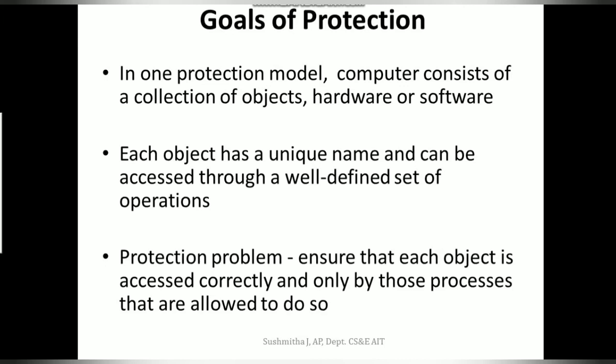To give you a simple example, my conducting a class on a particular platform is a mechanism. Whereas policy tells me I will be conducting this class only for 50 minutes, according to my given schedule.